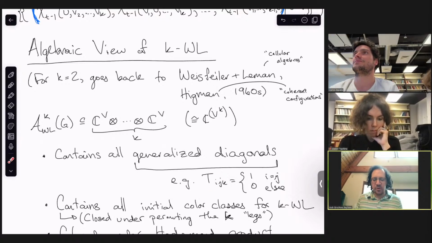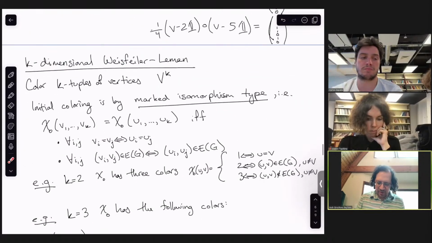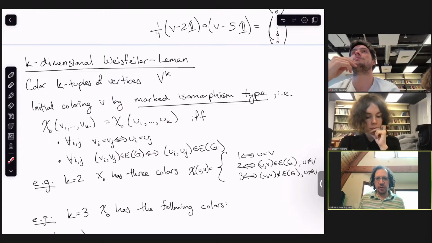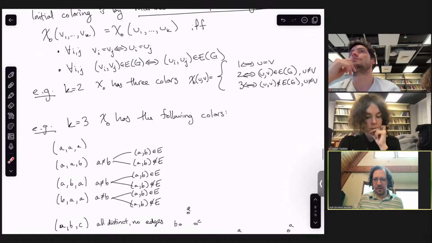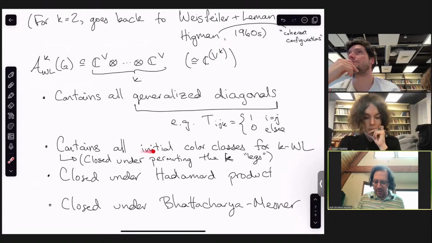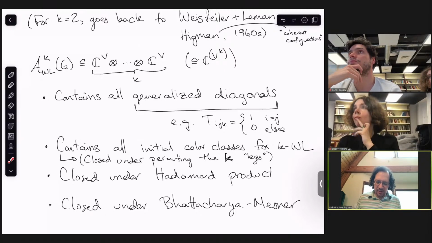And so this corresponds to that condition in the initial coloring of k-dimensional Weisfeiler-Leman, that you want to know which elements of your k-tuple are equal to one another. Right. This gives you all of those possible conditions. Okay. It should contain all the initial color classes for k-dimensional Weisfeiler-Leman. So that's this marked isomorphism type thing, and I'll come back to that in a second.